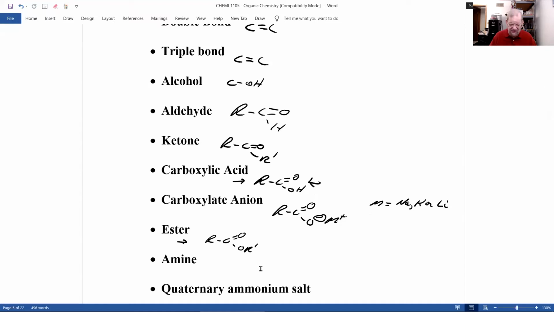An ester. Next time you taste and smell a banana, and I don't like bananas, but still, I know how to make the ester that makes a banana smell and taste like it does. That's organic chemistry. And perfumes are very complex mixtures of esters.